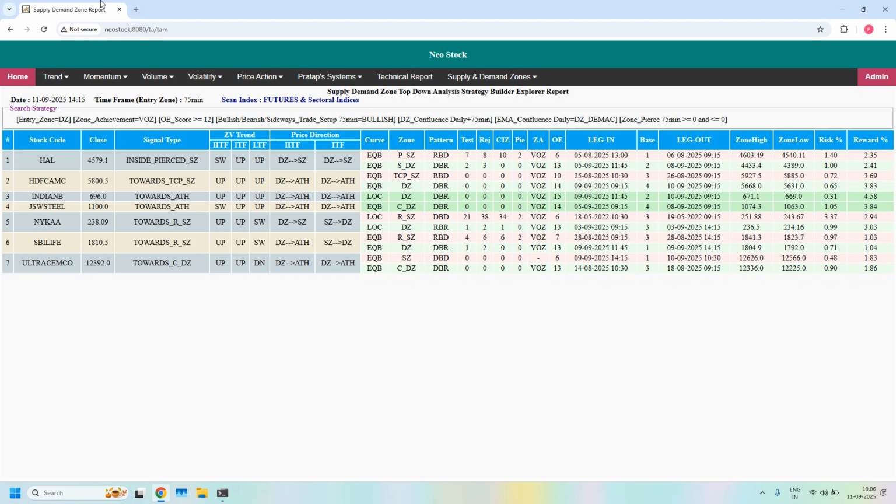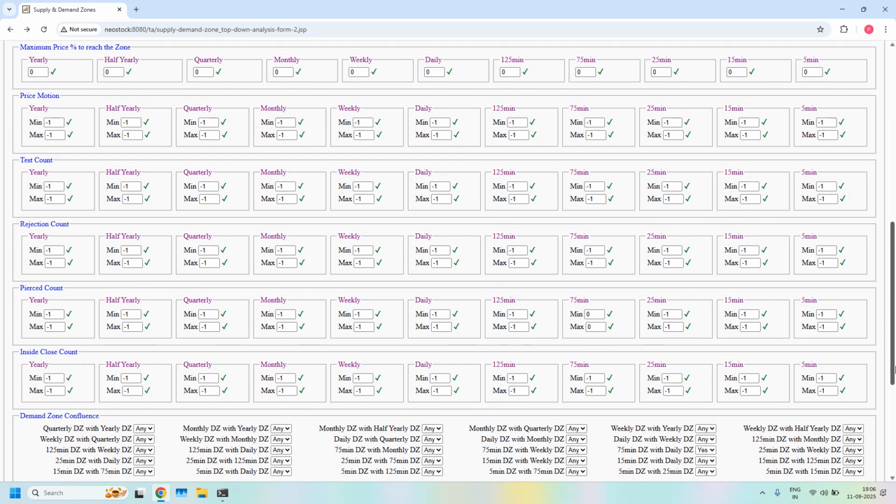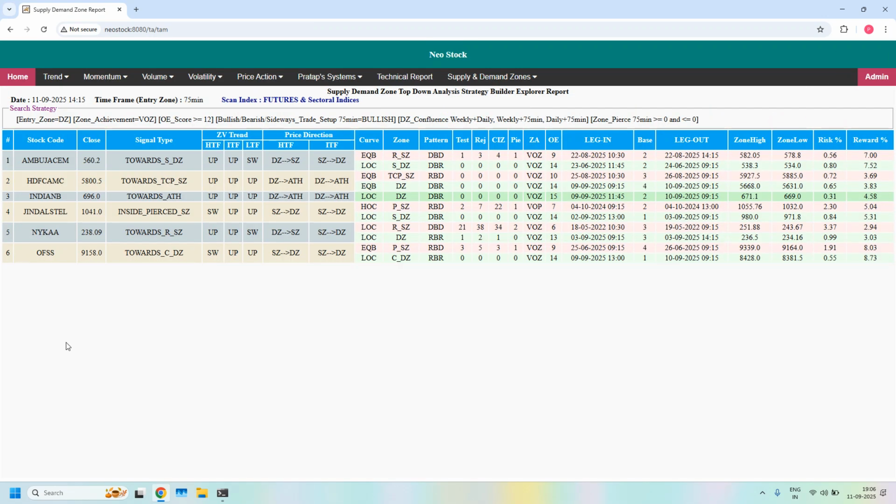Next, we will filter LTF, ITF, HTF demand zone confluence, removing EMA, demand zone confluence, 3 filters: 75 and daily, 75 and weekly, daily and weekly demand zone confluence. With all 3 filters, we got 6 stocks. 75, daily and weekly trend is up in 4 stocks out of 6.